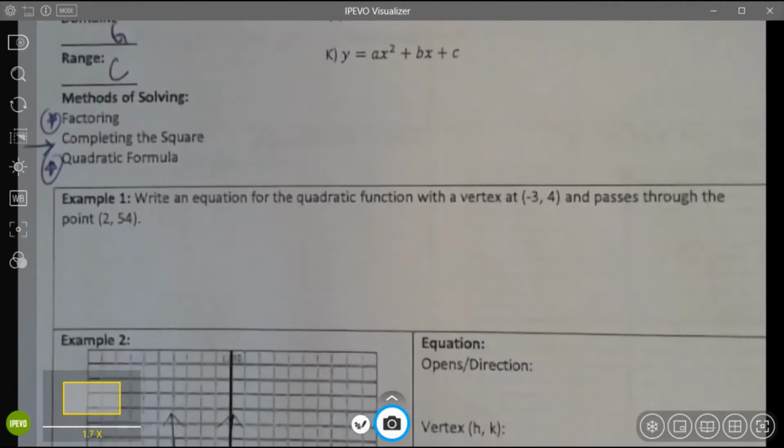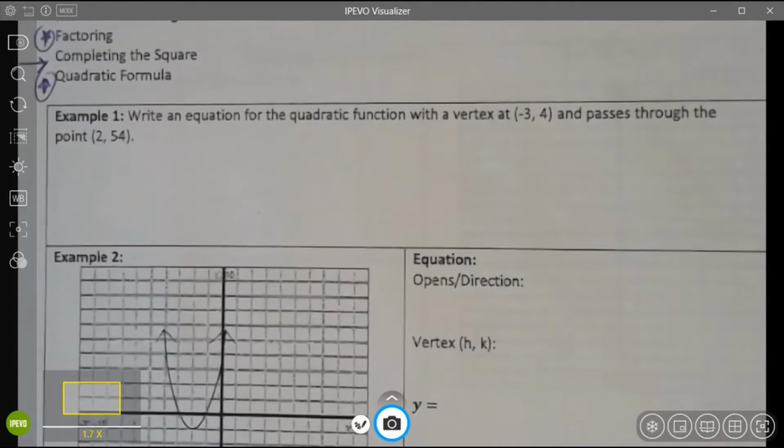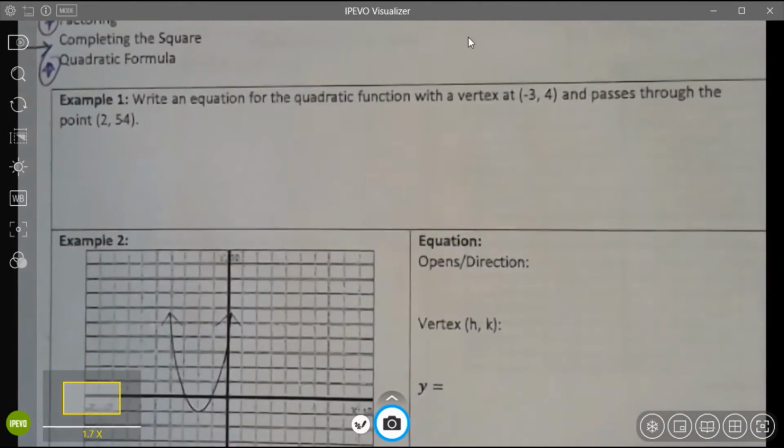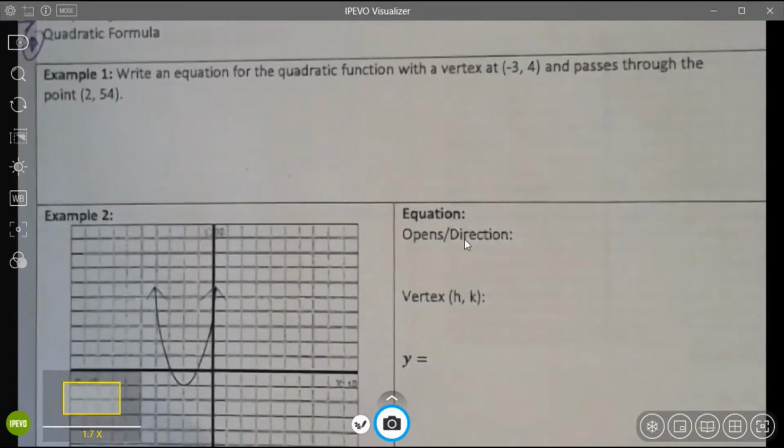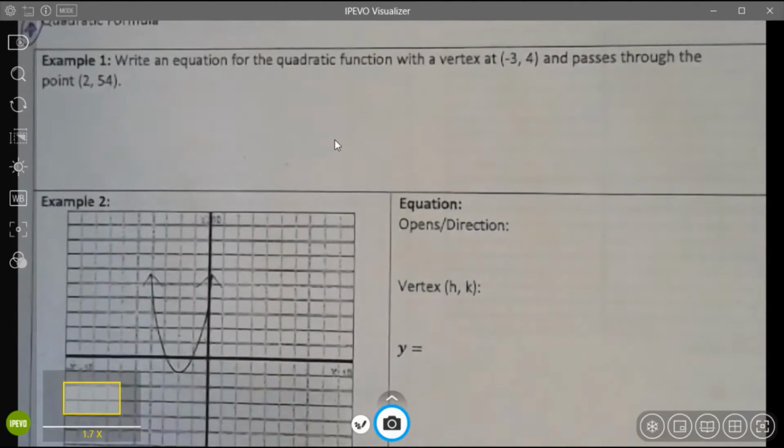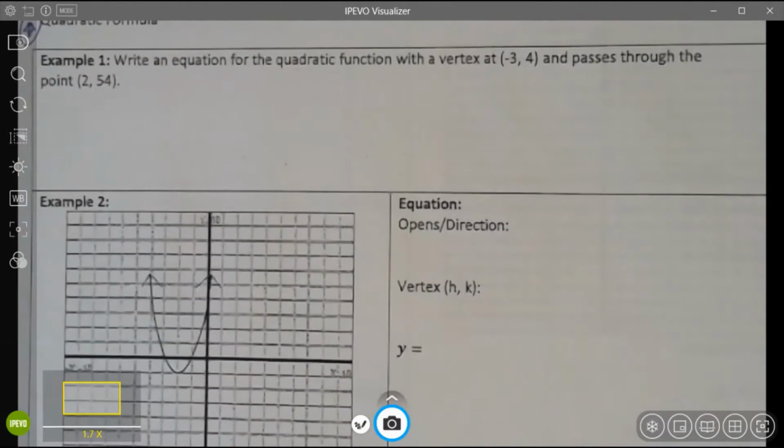So example 1. It wants you to write an equation for the quadratic that has a vertex at the point -3, 4 and passes through the point 2, 54. So the way you want to approach this is, we went over a couple of different forms that we can write a quadratic. If you look back at the definitions, we said there was standard form and vertex form and factored form.